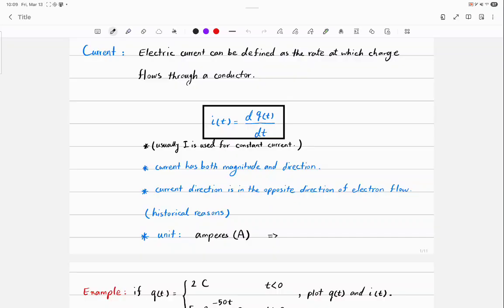Yeah, exactly. Do you see the equation? What's the unit of the numerator? Coulomb. What's the unit of the denominator? Second, okay? So coulomb per second is equivalent to amps.